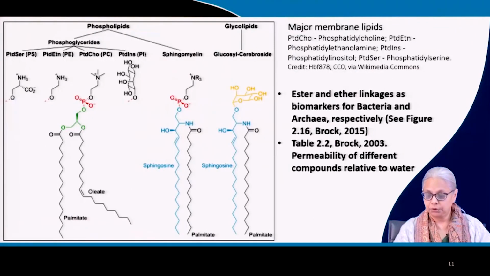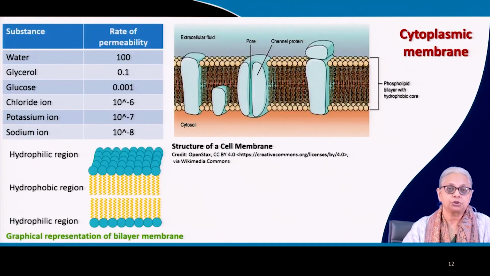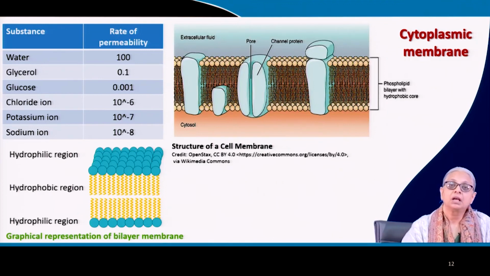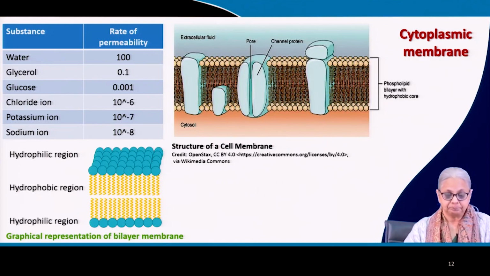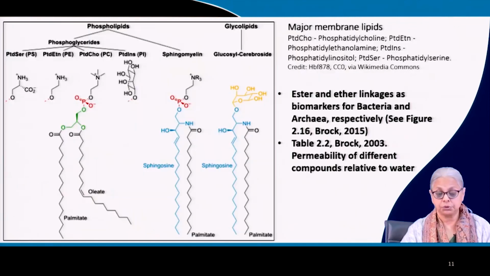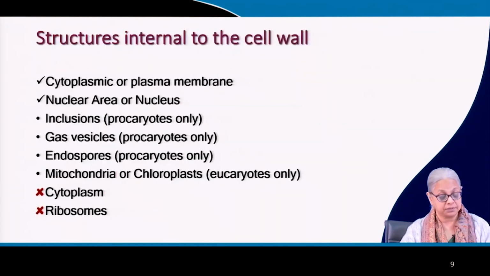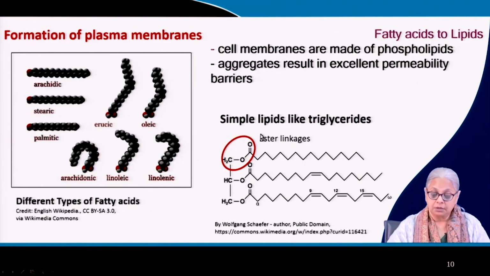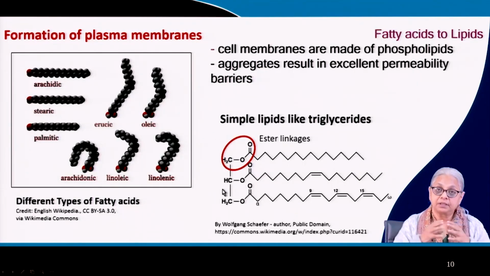So before I go to permeability, let me show you the structure of these plasma membranes. That is also a very interesting structure. I already mentioned in the previous topic in cell chemistry that these phospholipids, glycolipids, sulfolipids, all of them are amphipathic molecules.